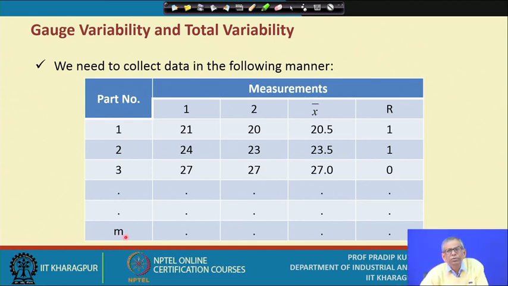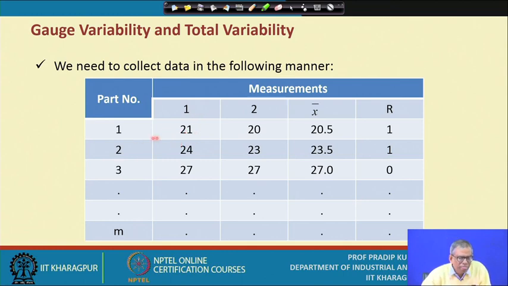M could be 20, it could be 25, a reasonable number, say 30. Okay, you have collected. Now you use a measuring instrument, and you identify the corresponding quality characteristic, say length or width or diameter, that is your quality characteristic of interest.